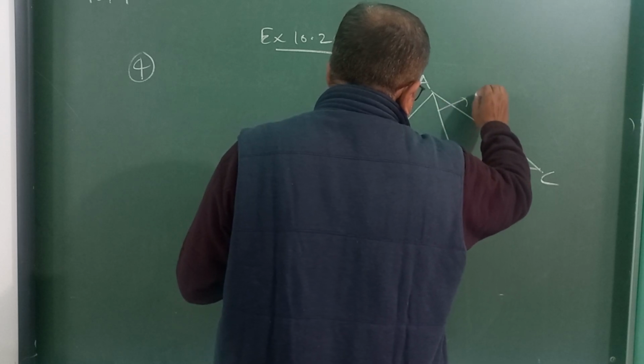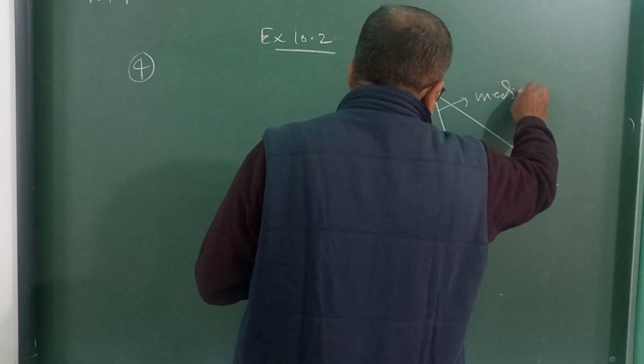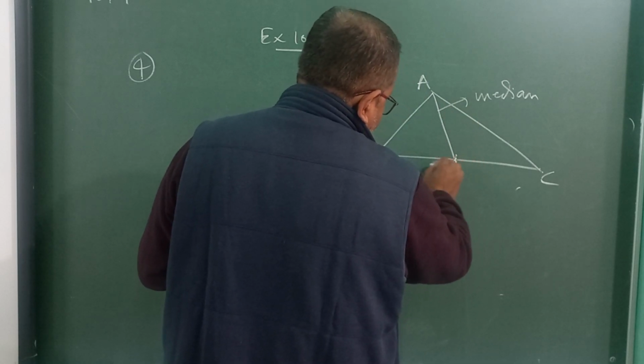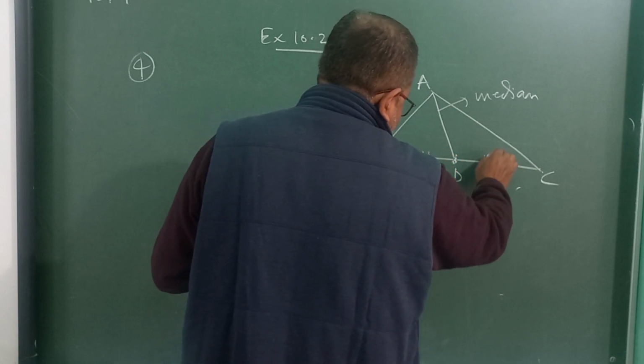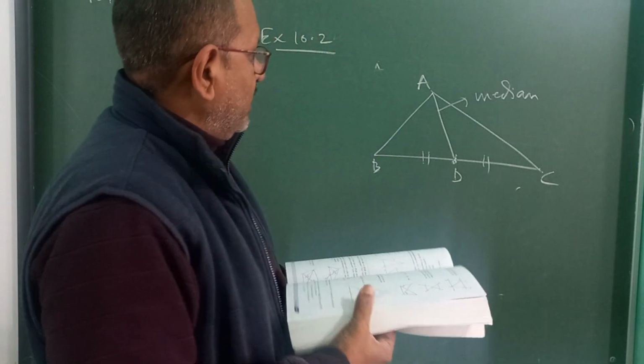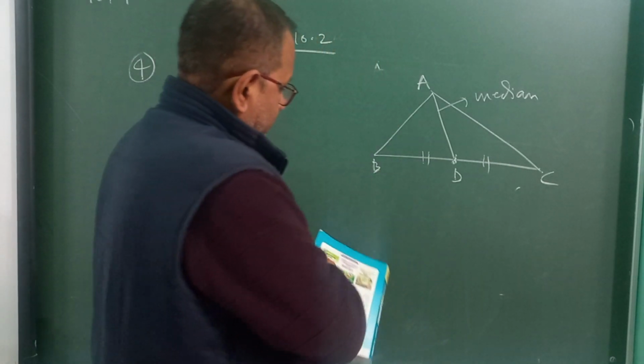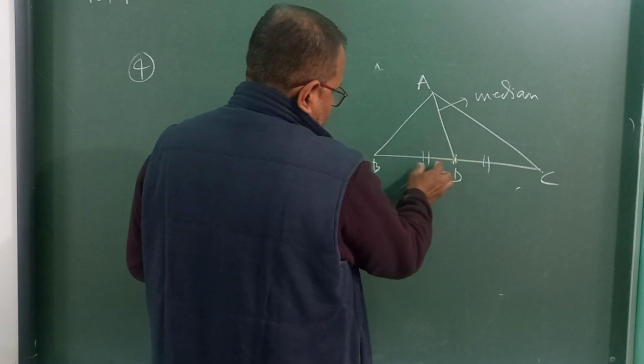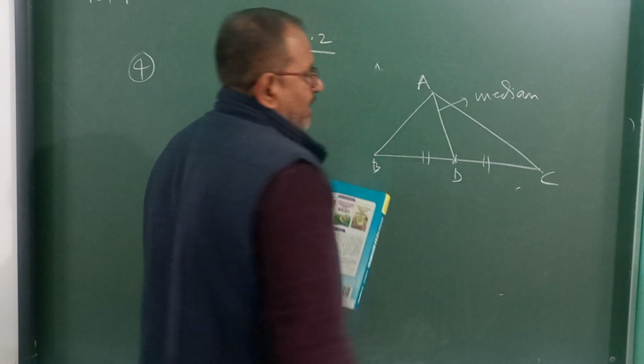This AD is median. AD is median means D will be midpoint. So BD and DC will be equal. In triangle ABC, AD is median, so D is midpoint. So we can say that BD and DC are equal.